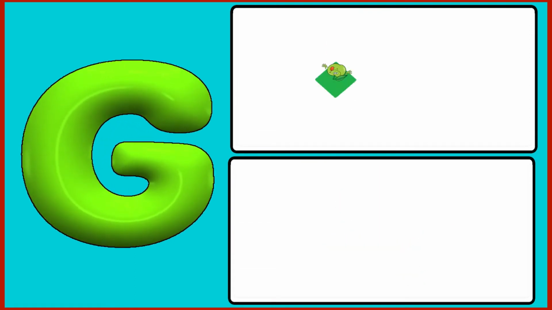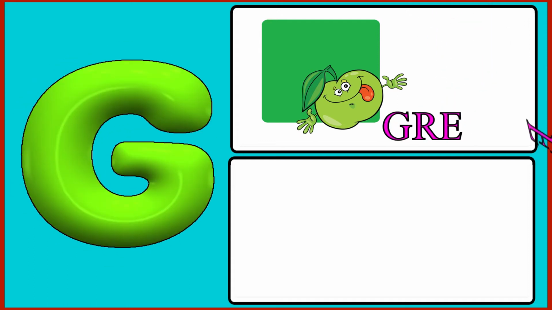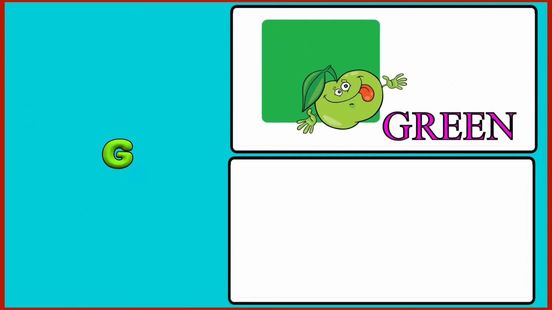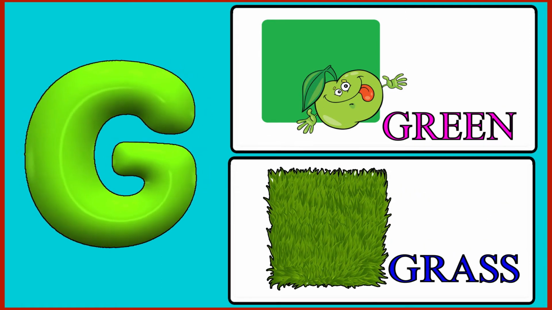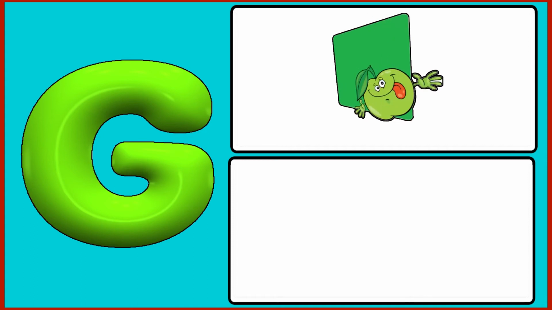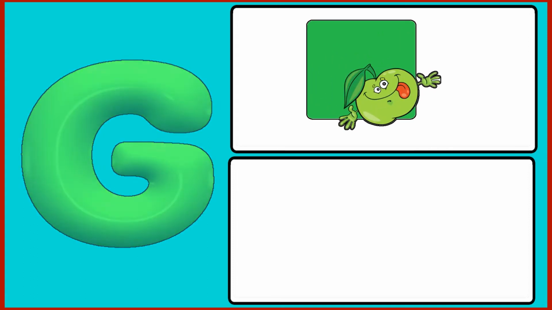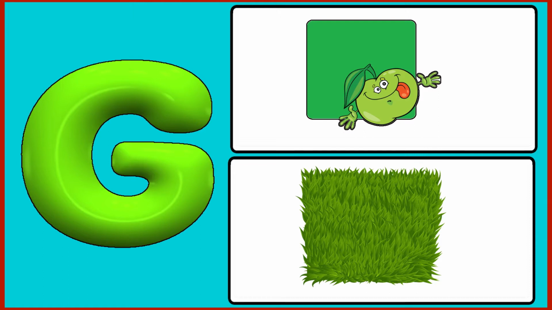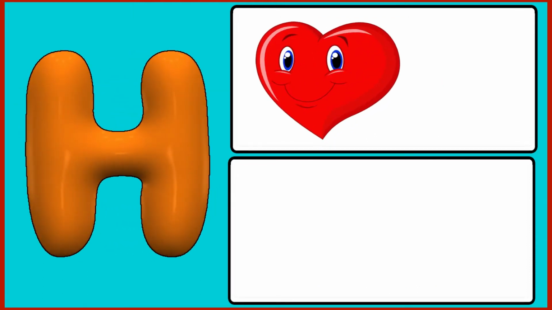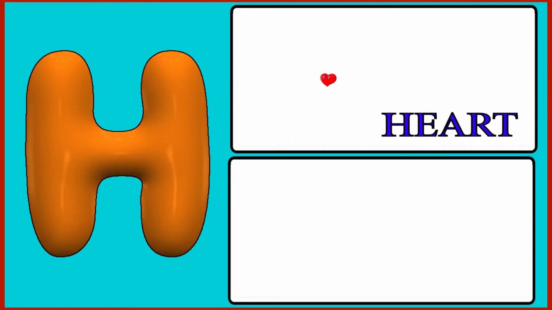G is for green, green. G is for grass, grass. H is for heart, heart.